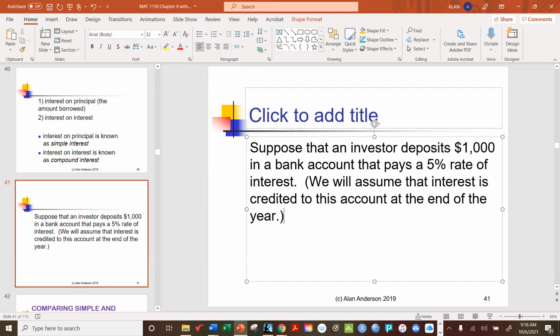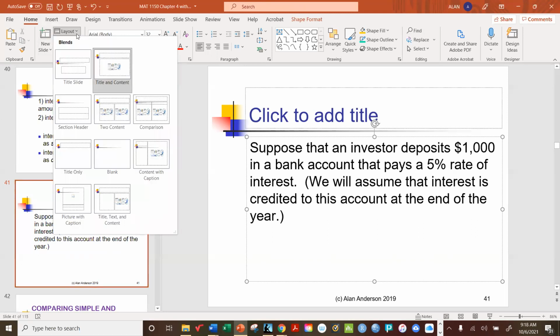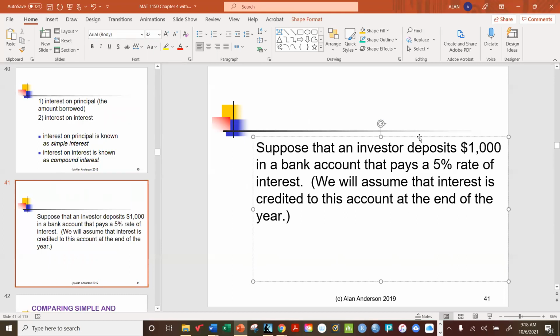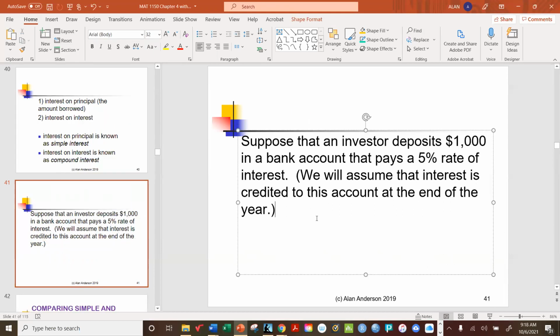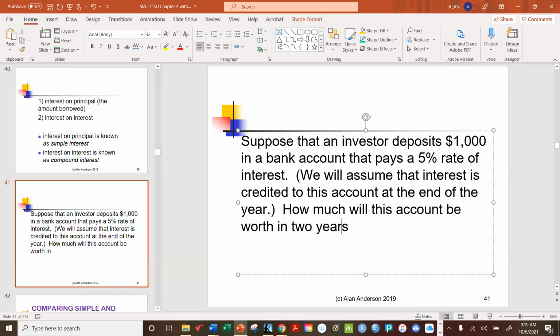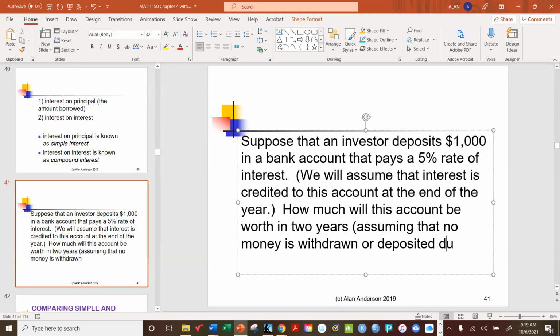So once a year, they put 5% in your account. That's not how it works in practice, but let's just say that that's what they're doing. How much will this account be worth in 2 years, assuming that no money is withdrawn or deposited during this time period.